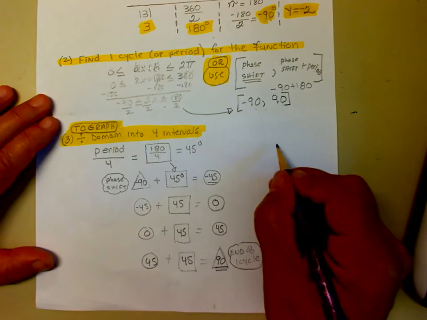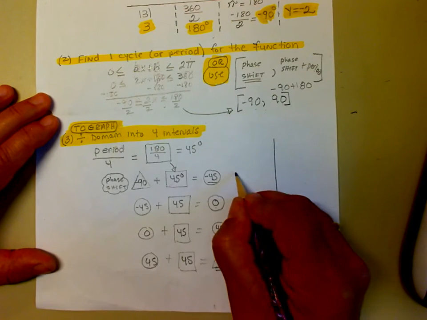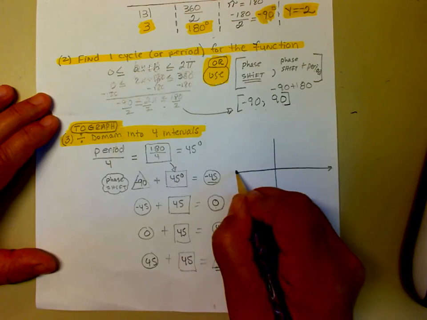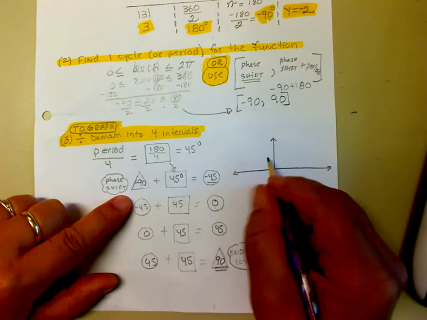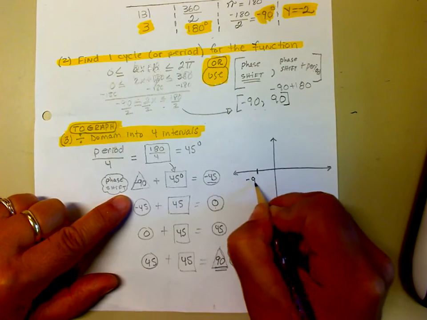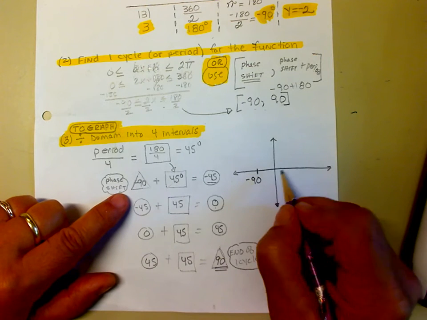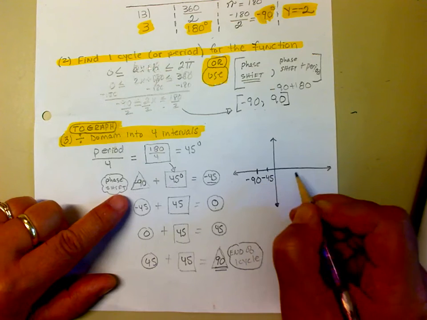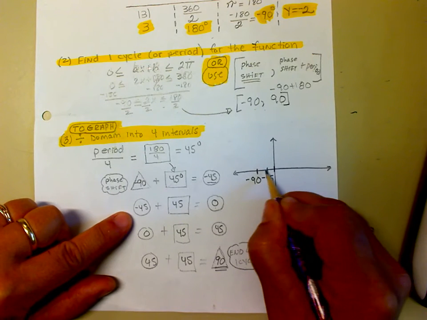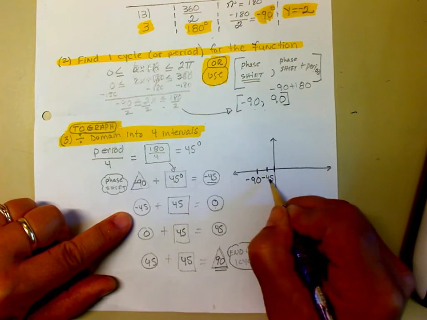So now to graph this, what I'd like to do is draw a generic graph. We're going to start at negative 90 degrees for our phase shift. Then we're going to go to negative 45 degrees, 0. So again, make them as equally spaced as you can.